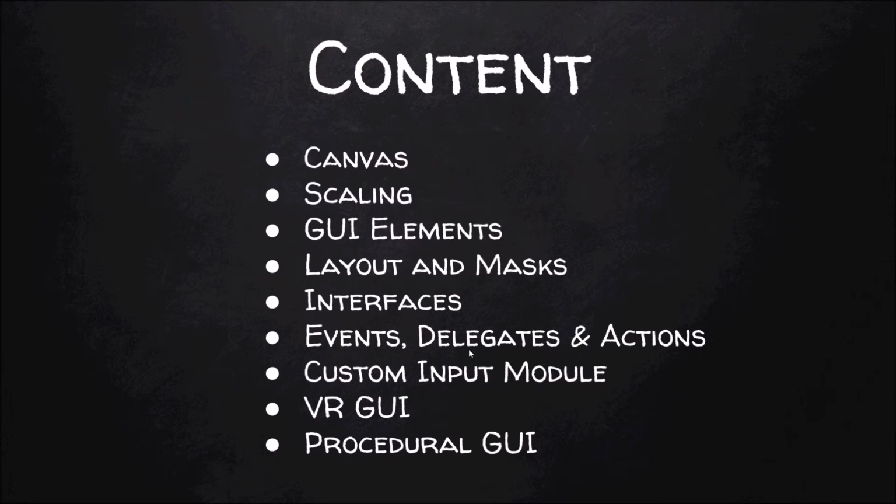The next two topics are custom input module and VR GUI. These two topics basically cover how you can extend Unity GUI system to make a GUI system which is ready for VR, because Unity GUI in itself can't directly transport to a VR game and work just as fine.